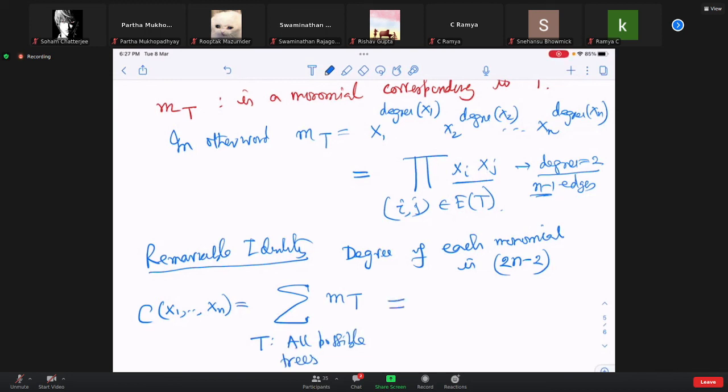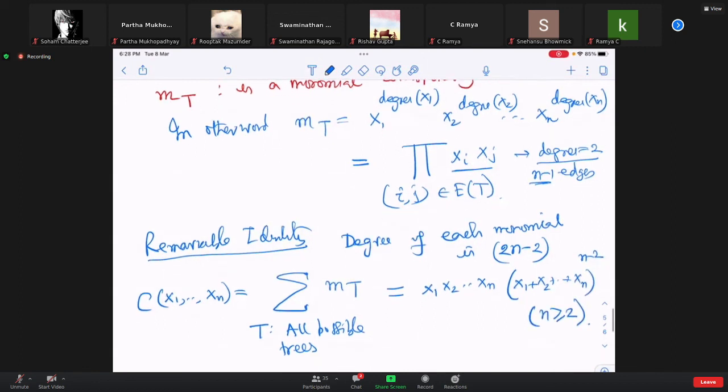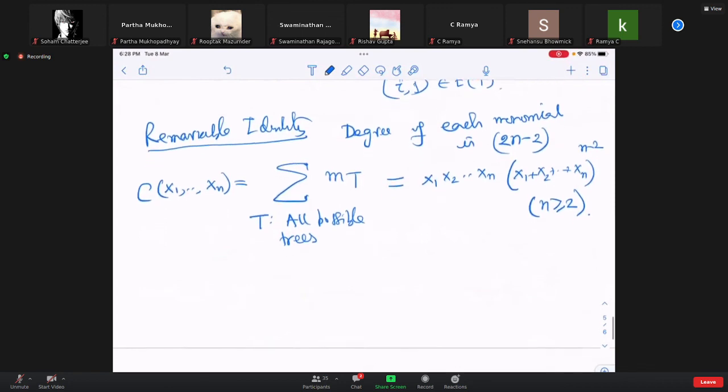And this is equal to x1 times x2 times ... times xn times (x1 plus x2 dot dot dot xn) to the power n minus 2, for n greater than or equal to 2. This is the remarkable identity that Cayley proved.